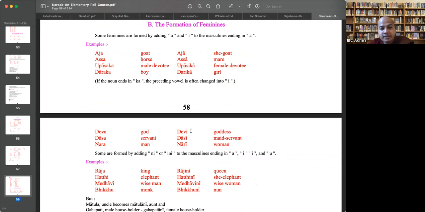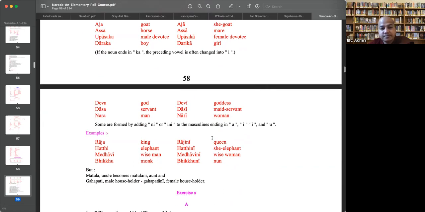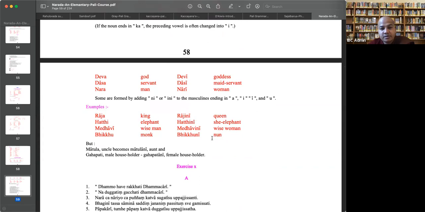Deva, Devi, god and goddess. Dasa, servant. Dasi, maid servant. Nara, man. Nari, woman. Here, this is a little bit different. Raja means king, Rajini, queen.